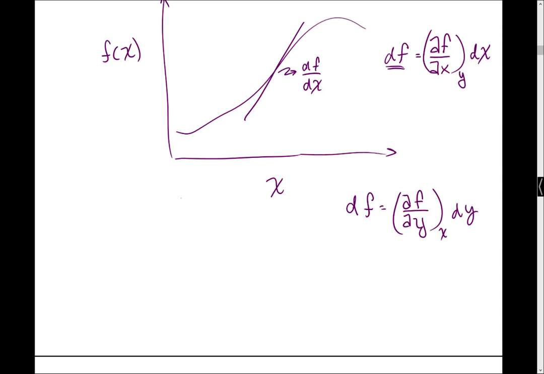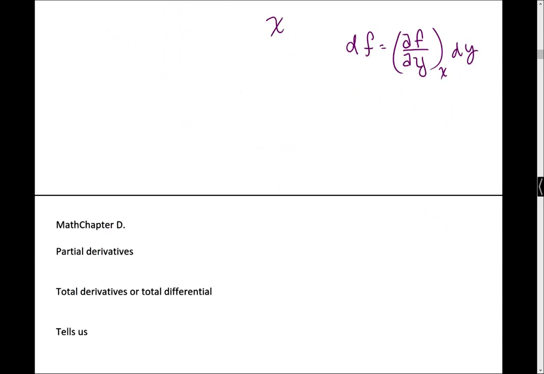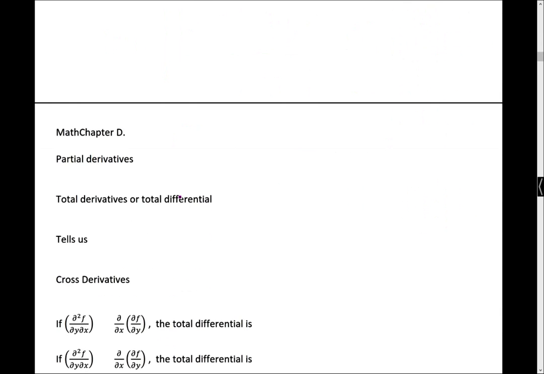And if I want to know an explicit delta f, I need to integrate both sides, right? But this tells me for an infinitesimal change in x, this is the infinitesimal change that results in the function. Okay, and that's a pretty important concept for this next section. All right, so math chapter D, we're going to talk about partial differentiation.